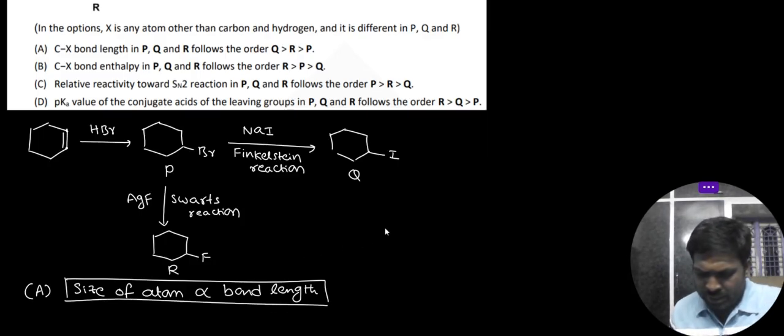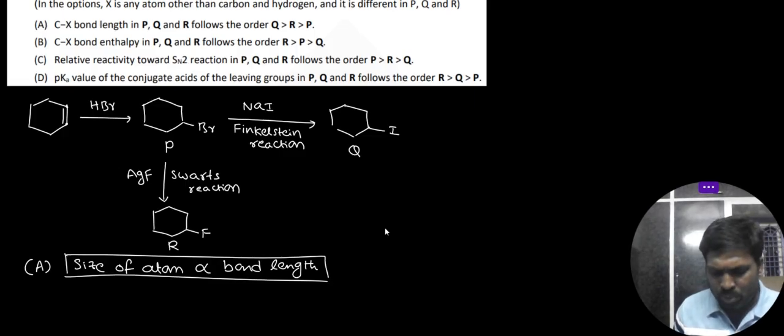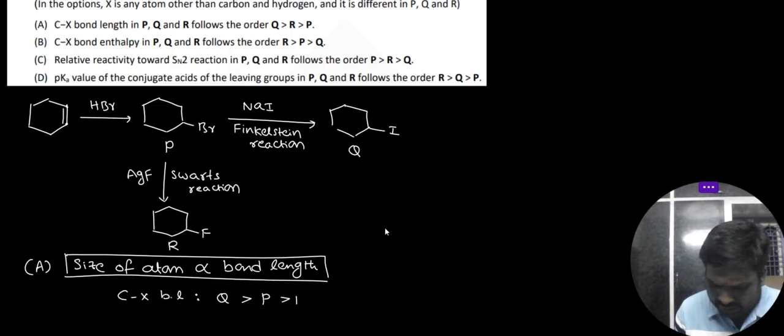Here iodine is bigger than bromine, which is bigger than fluorine. So the C-X bond length order is alkyl iodide greater than alkyl bromide greater than alkyl fluoride, that is, Q greater than P greater than R. But statement A gives Q greater than R greater than P, so A is wrong.